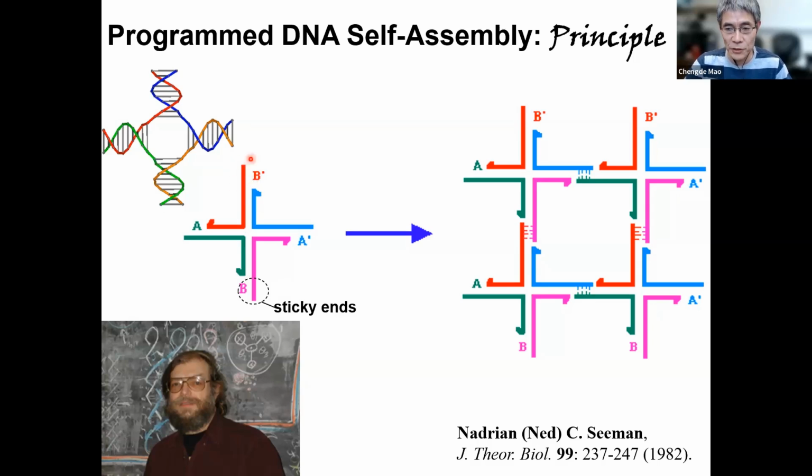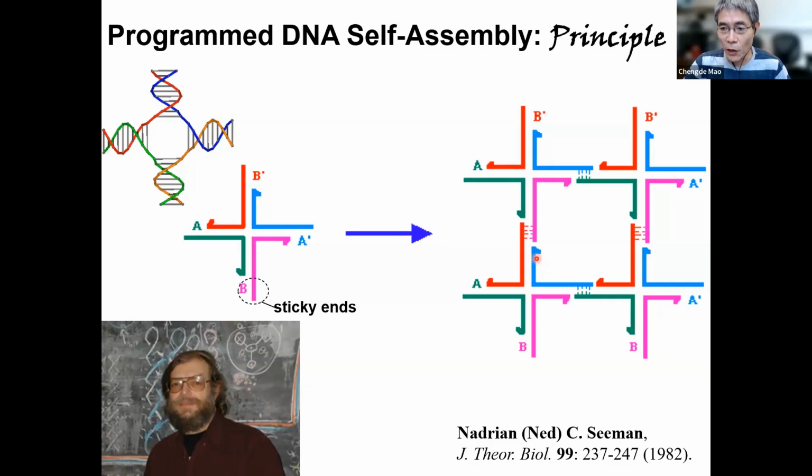If the top sticky end and the bottom sticky end are complementary to each other, then the molecule can associate along this vertical direction. At the same time, they could associate in this horizontal direction, like here. In that case, they will form a two-dimensional array.